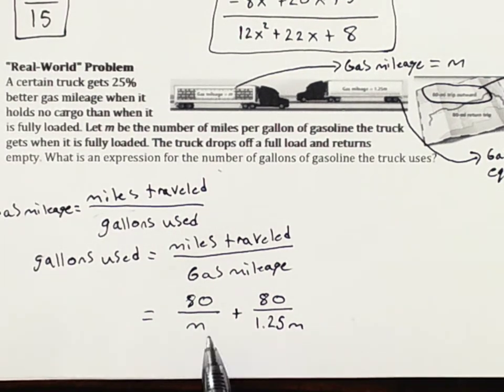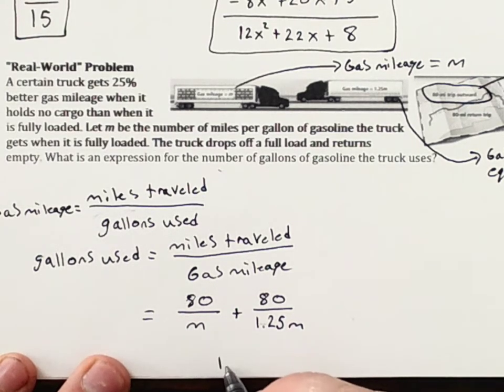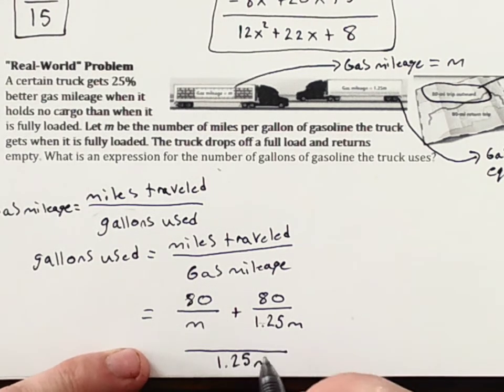And here is where adding together expressions comes into play. To get a common denominator, I have to bring both of them into 1.25 M, so I multiply the first fraction by 1.25. 1.25 times 80 is 100. Quarter of 80 is 20.